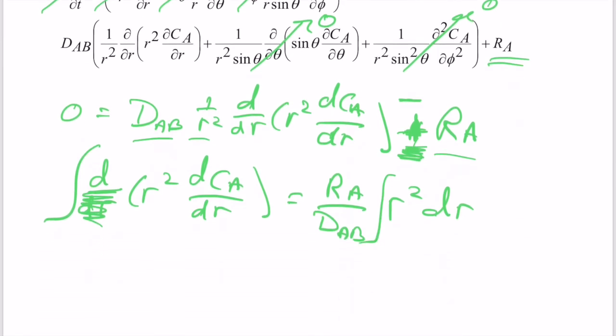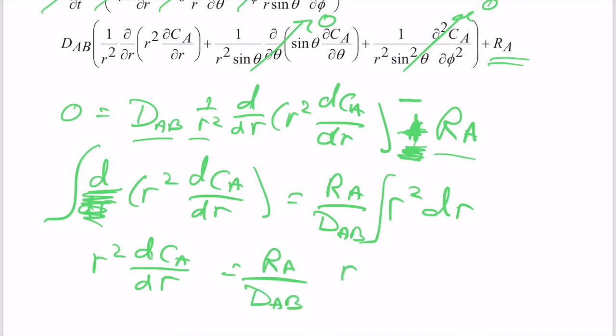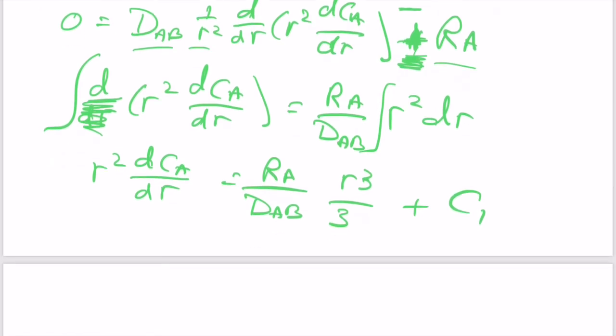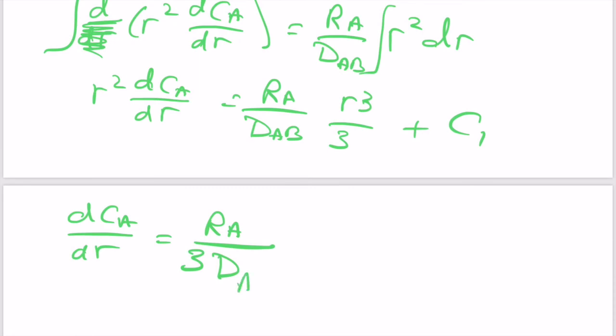So now I've got r squared dCA dr is equal to RA over diffusivity times what? r cubed over 3, plus C1. Okay, and I'm going to divide by r squared to get dCA dr is equal to RA over 3 times the diffusivity, times r, plus C1 over r squared.